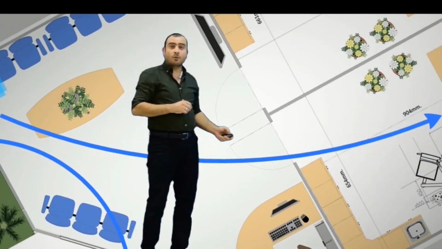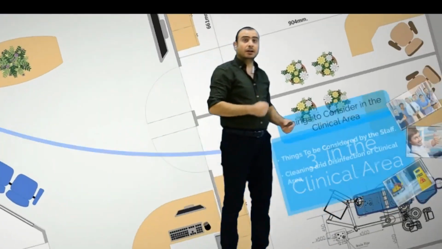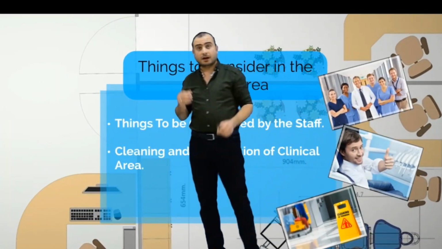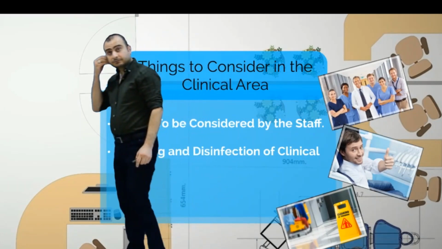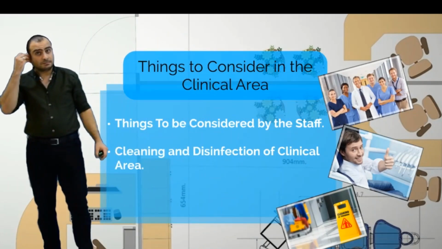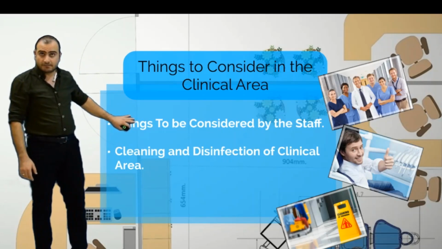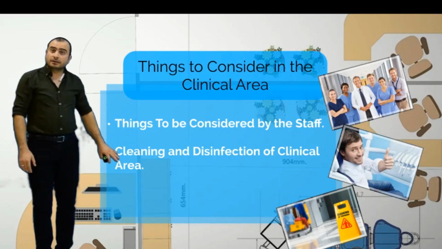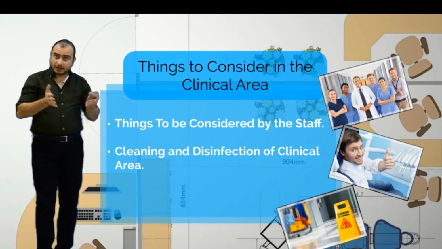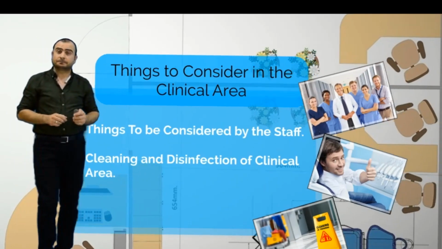Finally would be when the patient enters the clinical area where our treatment is delivered. There are a few things also that need to be considered. These can be either related to the staff members or regarding the cleaning and disinfection of the clinical area.